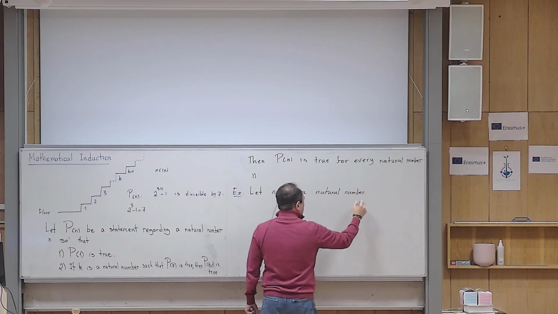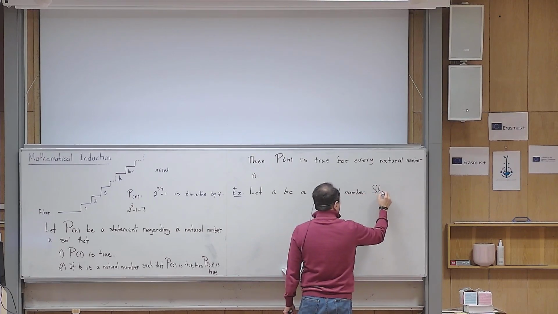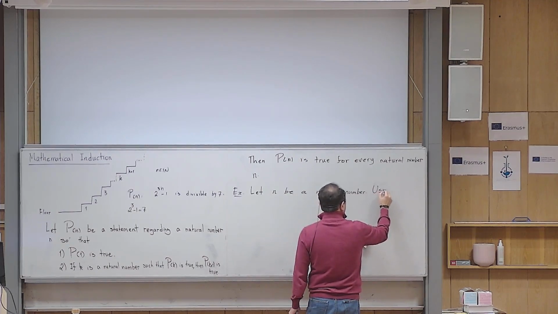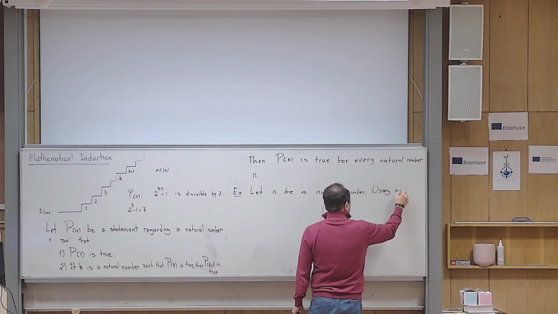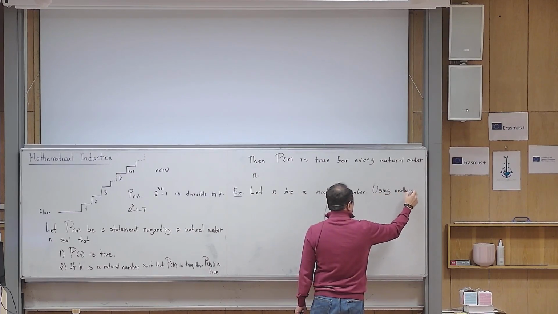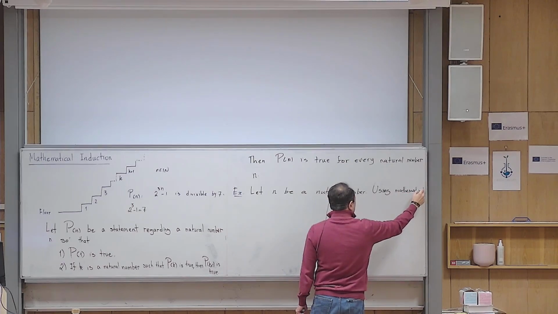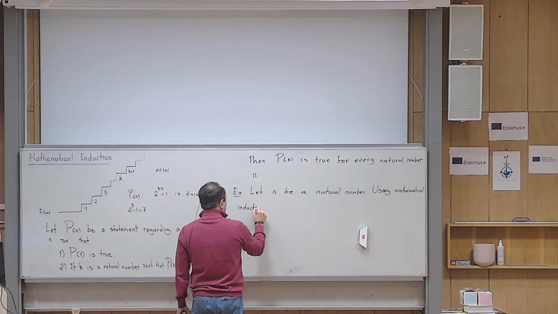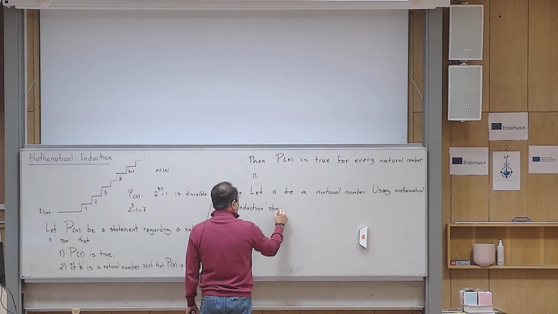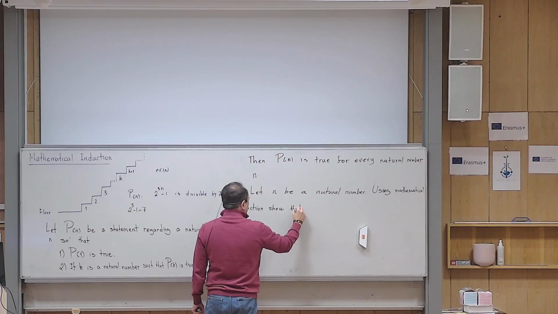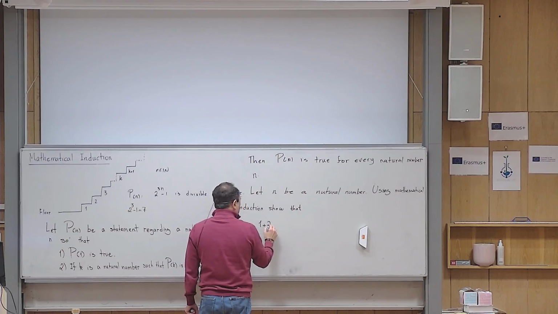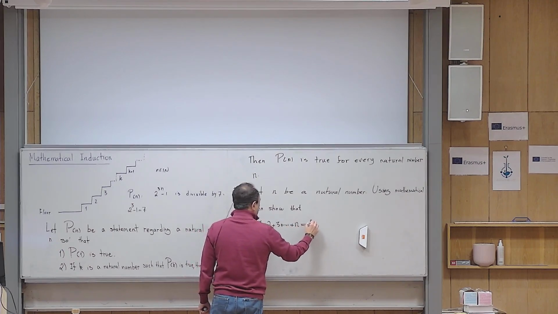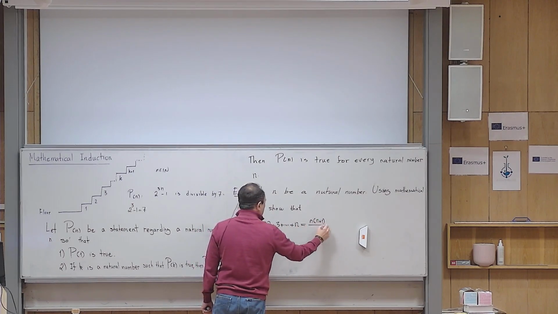Show, using mathematical induction, that if I add numbers 1, 2, 3 up to n, this becomes n times n plus 1 divided by 2.